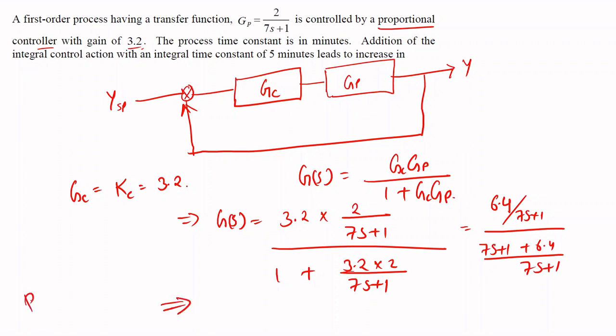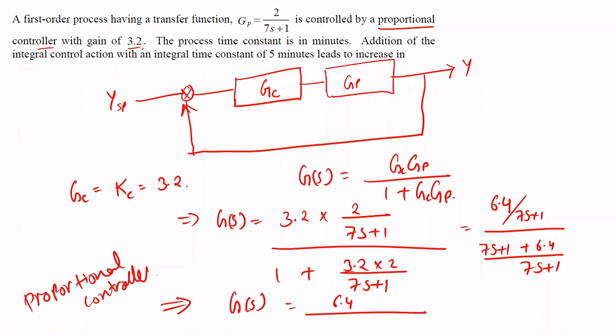That is, for the proportional controller, the transfer function will become 6.4 upon 7.4 plus 7s. Over here we can see that the order is 1, since we have only one term corresponding to s.